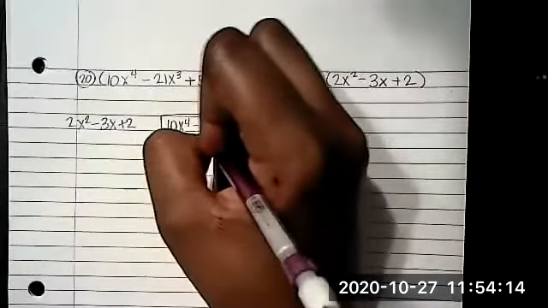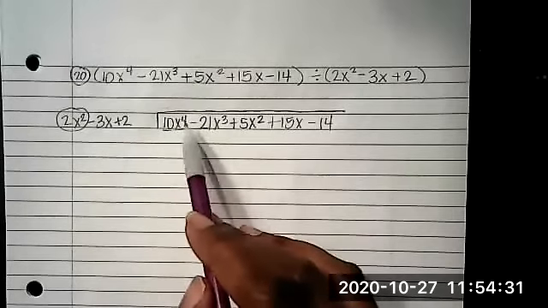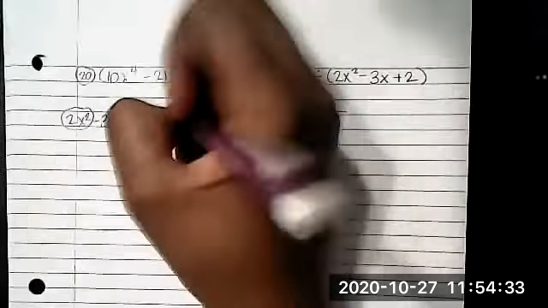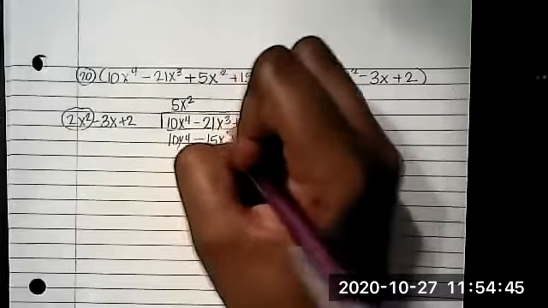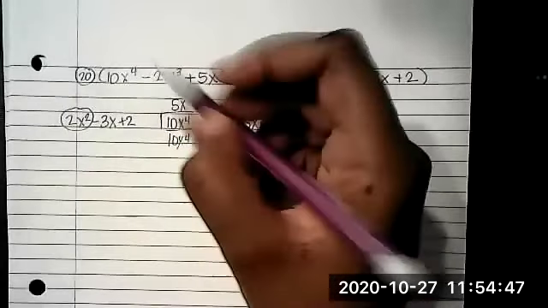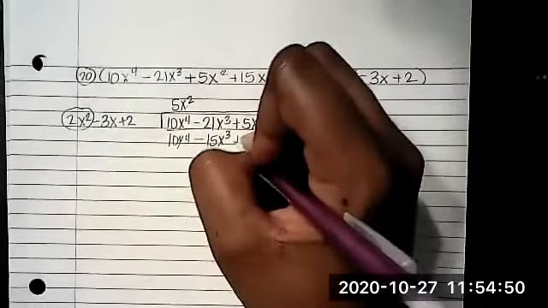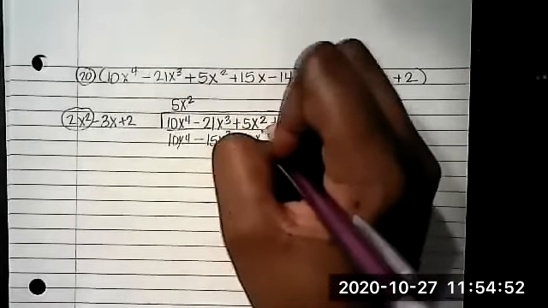Of course, you're always looking at the first number. What do I have to multiply by 2x squared to give me 10x to the fourth? Looks like 5x squared. 5x squared times 2x squared became 10x to the fourth. That's exactly what I wanted. 5x squared times negative 3 is negative 15x cubed, and 5x squared times 2 is positive 10x squared.